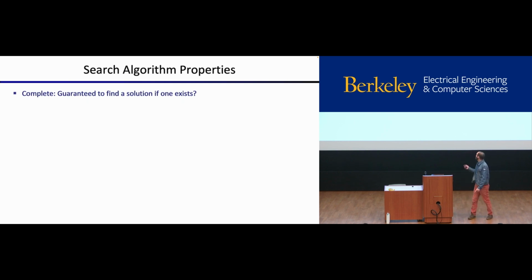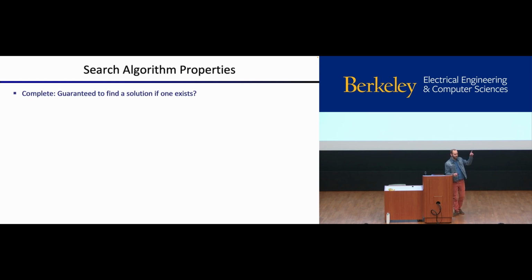Okay, that answer is correct in the example I showed you, but it's possible to write down a search problem where it's not the case. Can anyone think of a search problem where that would fail? Yeah, exactly.